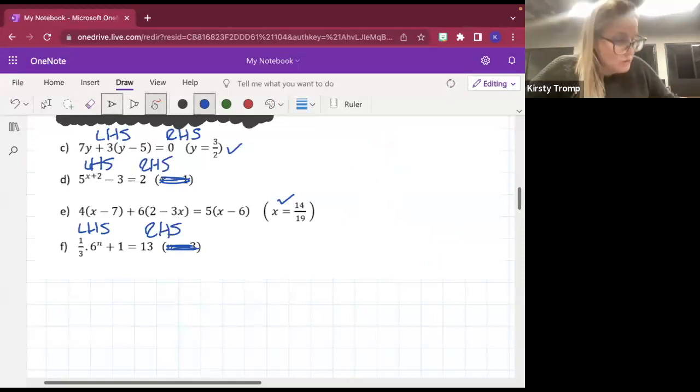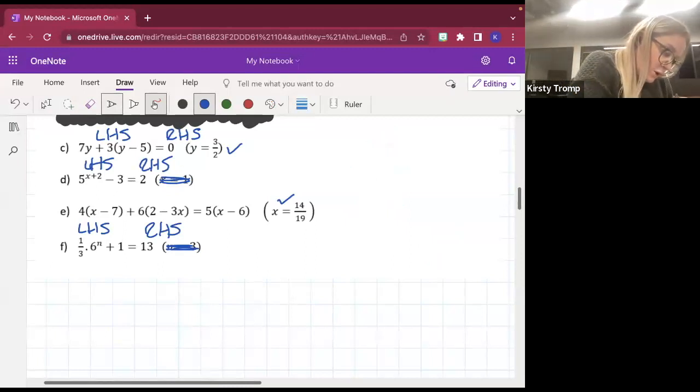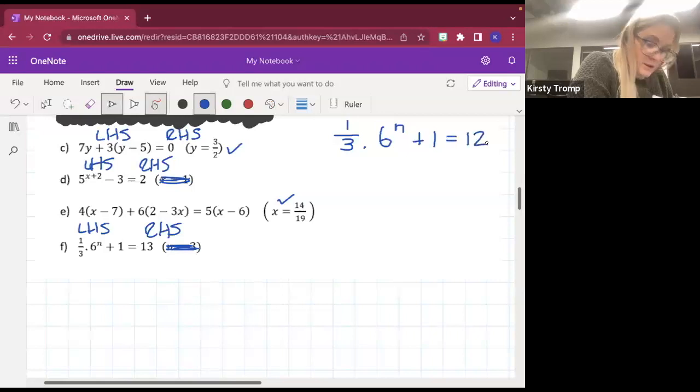If you weren't sure how to do number D, please make sure you're paying attention now, because we're going to have a look at F. I've got 1 over 3 times 6 to the power of n plus 1 equals 13.